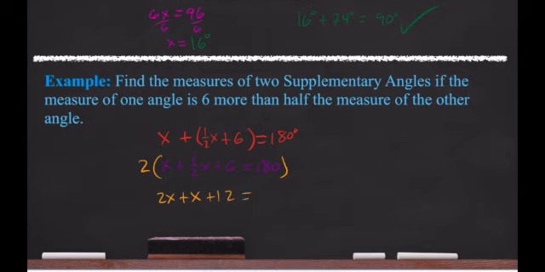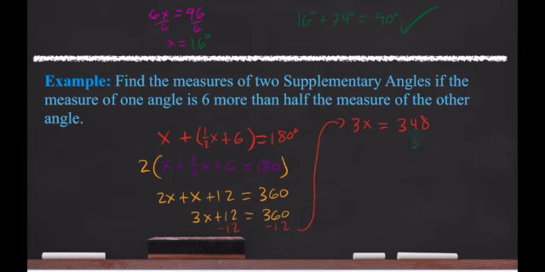And 2 times 180 is going to be 360. Combine the x's, so this is 3x plus 12 equals 360. Subtract 12 from both sides. So we end up with 3x equals 348.